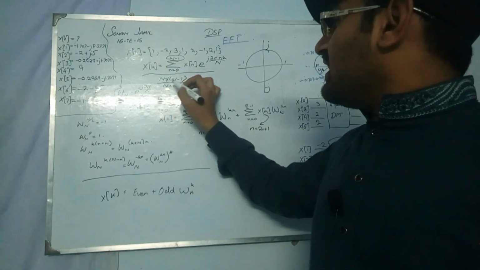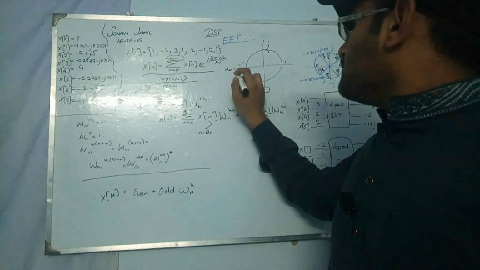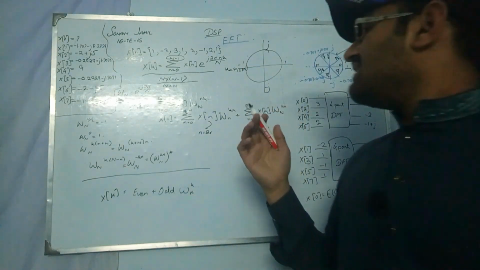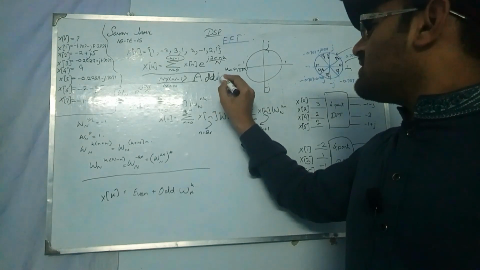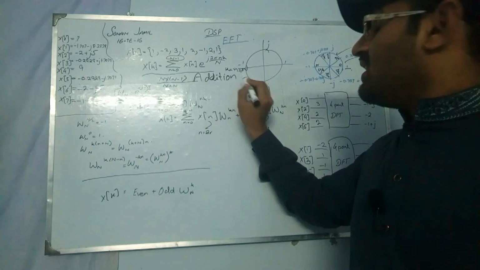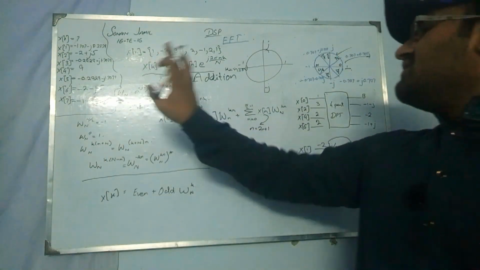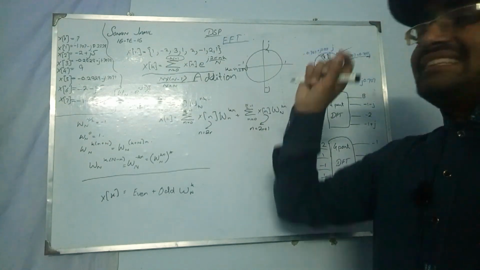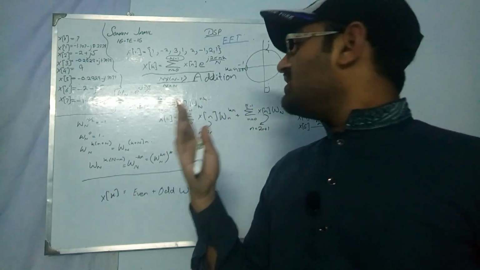So when k is equal to N, we have N into (N minus 1) additions, and for multiplications, for a single frequency sample we have N multiplications.